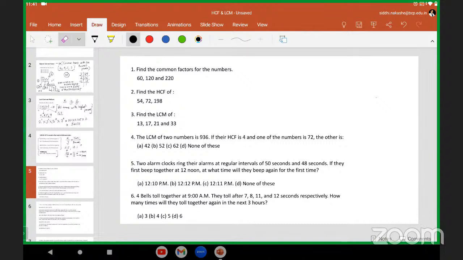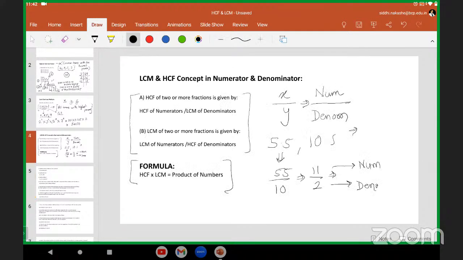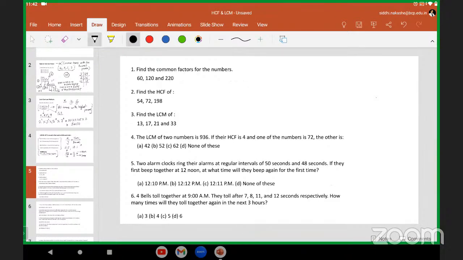Yes, sir. Okay, so for question number 4, try with the given formula. The formula is HCF into LCM is equal to the product of the numbers. So wherever HCF is mentioned, put in the LCM and the product of the numbers.